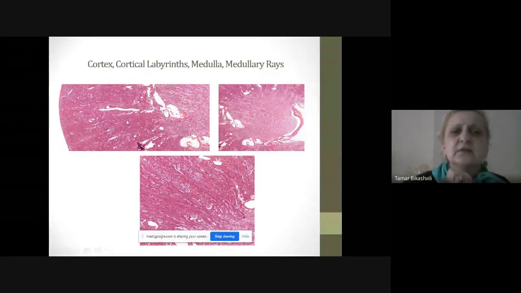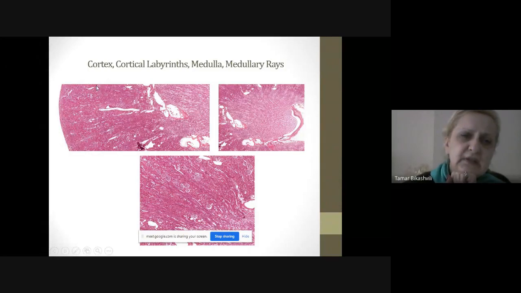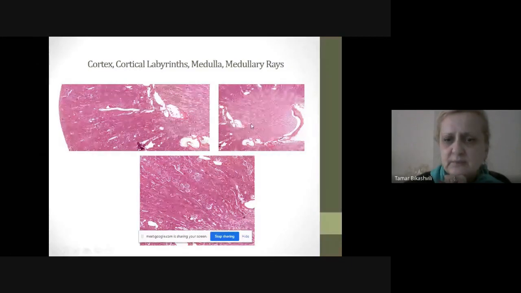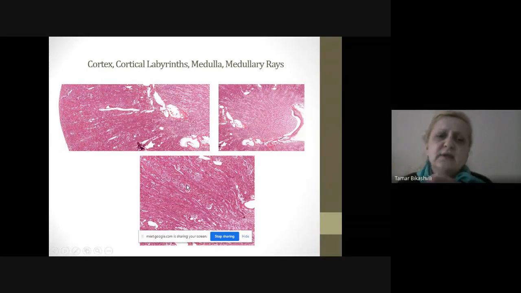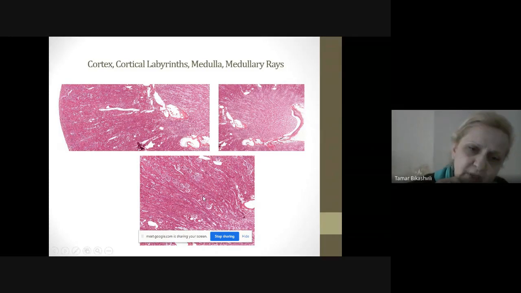Okay, so here this is the tissue of the kidney. This part is the cortex, and this part is the medulla. You can see this is the cortex. Why is this the cortex? I said during the lecture, because we can see here numerous glomeruli. Numerous glomeruli are located in the cortex.